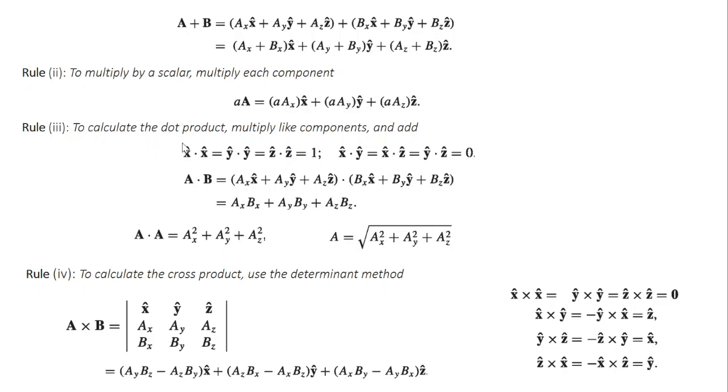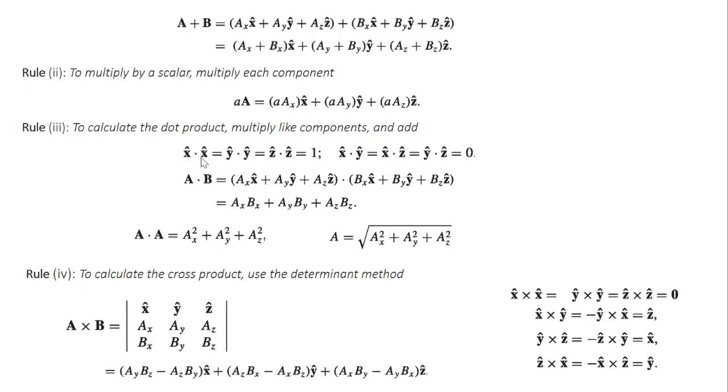Now to calculate the dot product, you need to multiply the like components and add them. Since a dot product of a vector with itself will give you the square of that vector, and we are talking about unit vectors here, the square of the unit vector is 1.